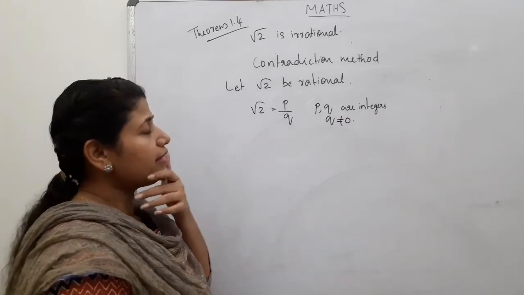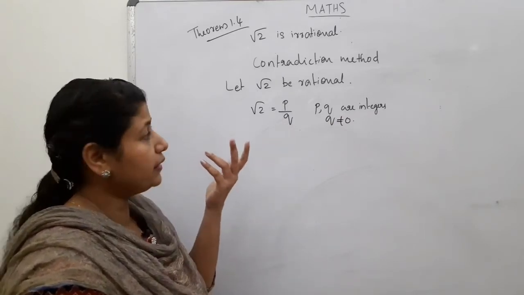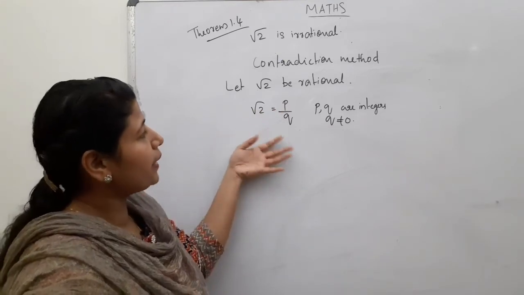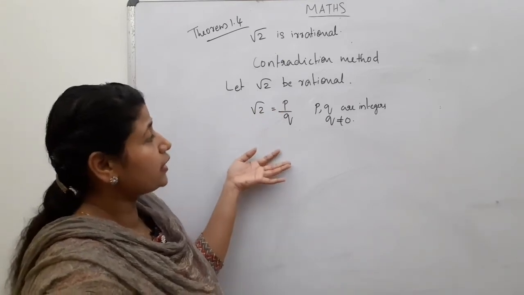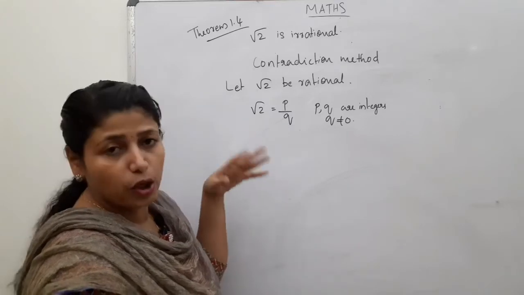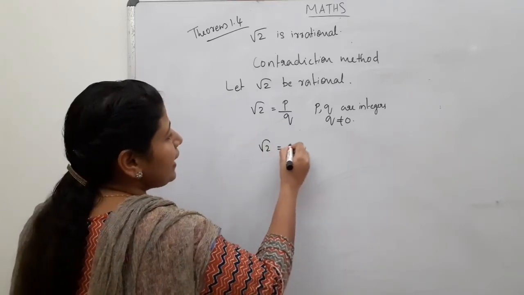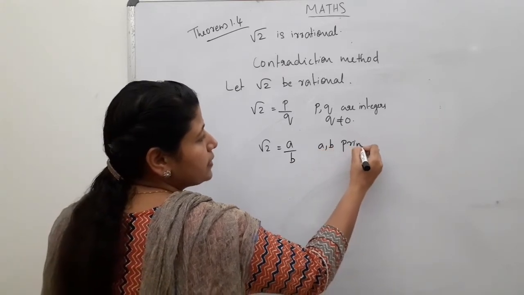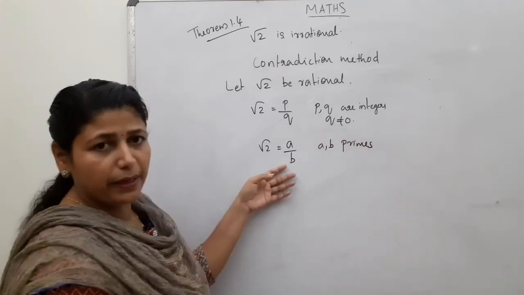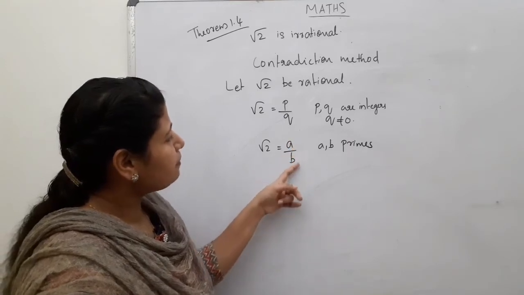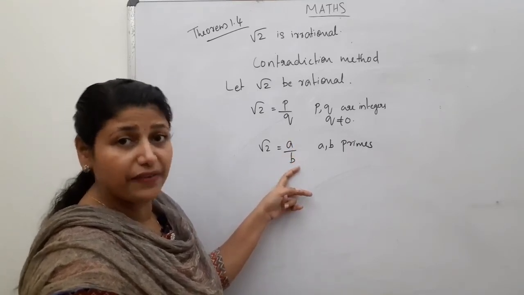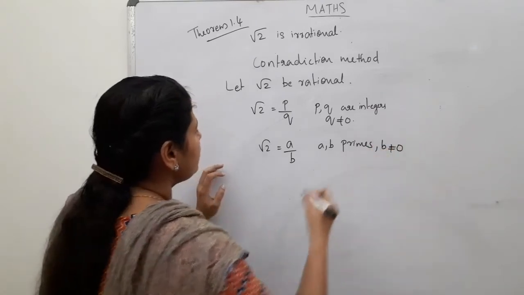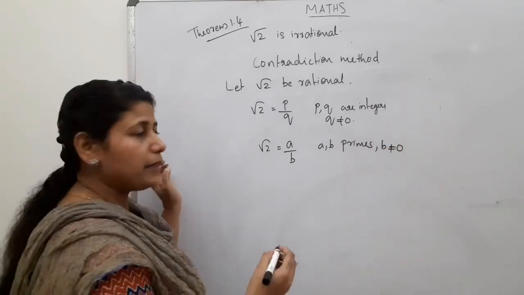Sometimes P and Q may have a common factor, so we divide out the common factor. Root 2 can be written as A by B, where A and B are co-prime. That means A and B do not have any common factors, and B cannot be equal to 0. So we got root 2 as A by B.